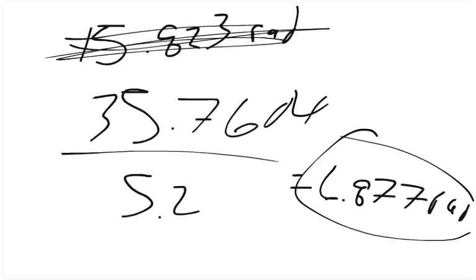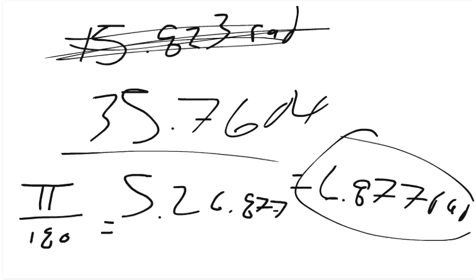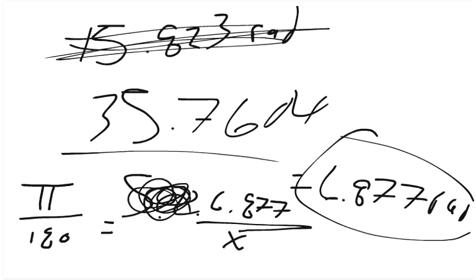And so what we want to do is set up a fraction: there are pi radians in 180 degrees, equal to the number of radians that we have traveled, 6.877, over x degrees.